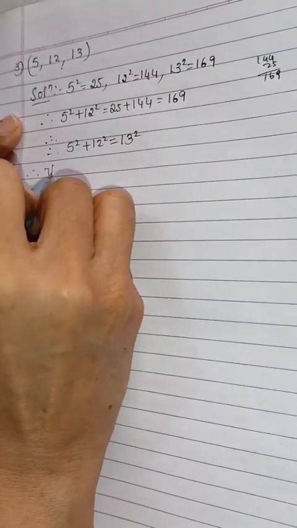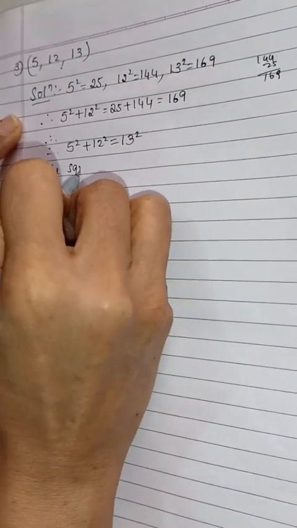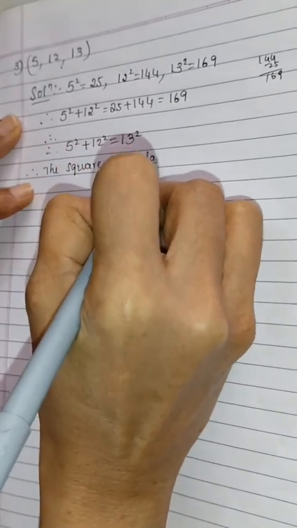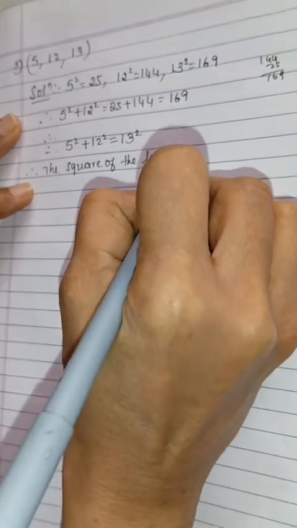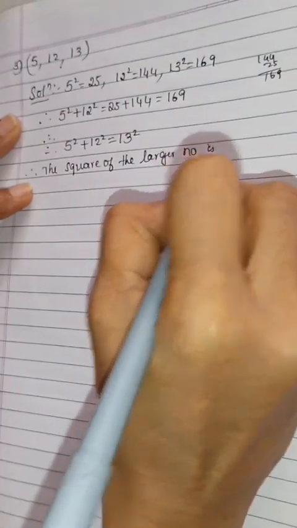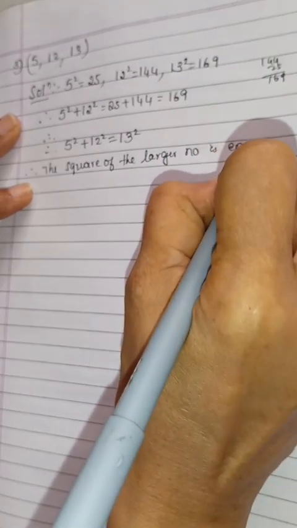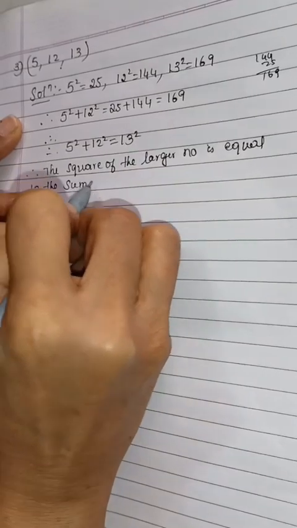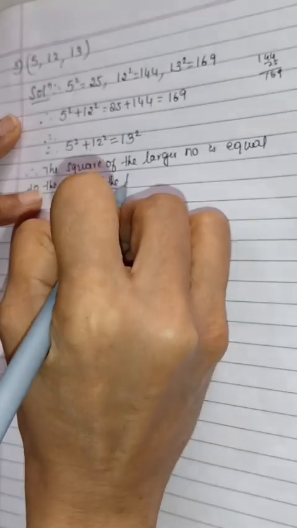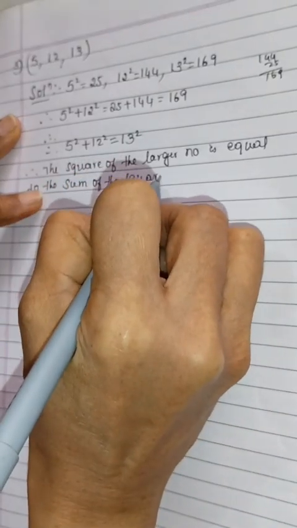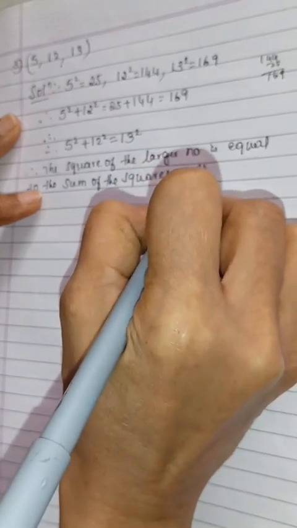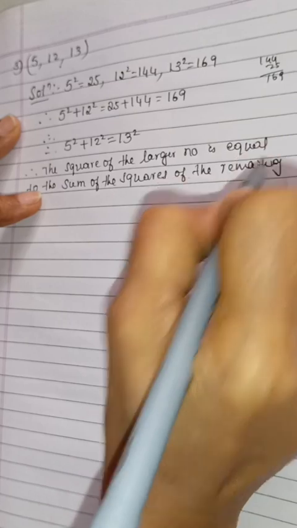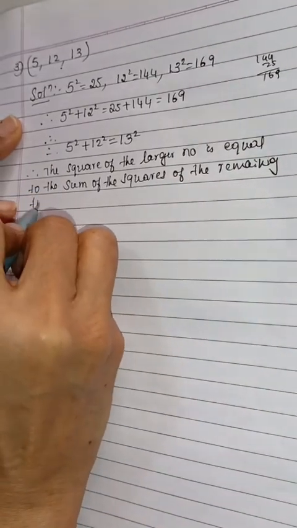Therefore the square of the larger number is equal to the sum of the squares of the remaining two numbers.